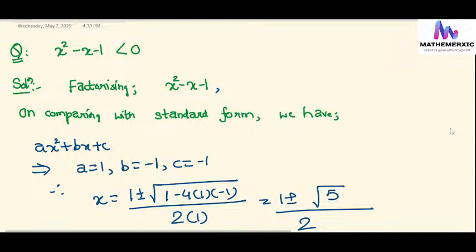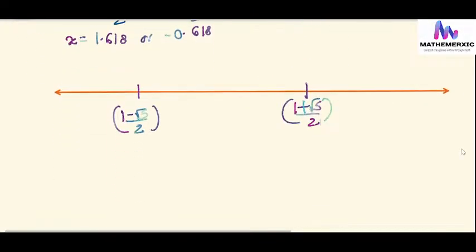If you keep a more positive value in x square minus x minus 1, let us check x square minus x minus 1 less than 0 for x equal to 1.7.